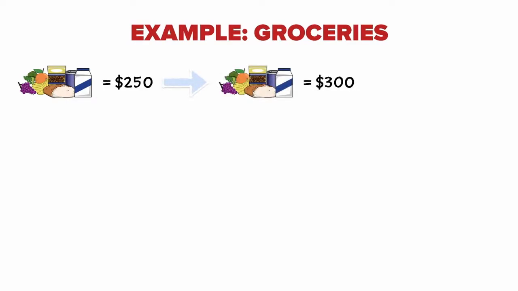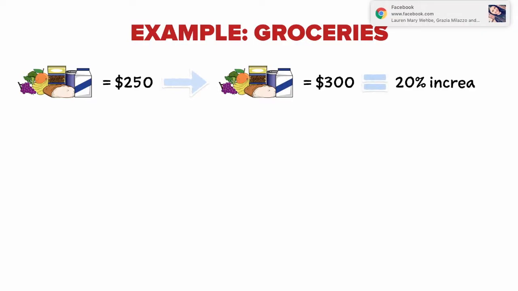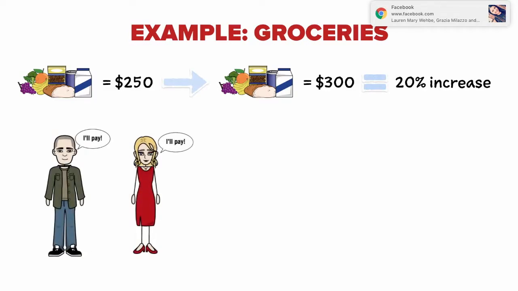To demonstrate this, let's think about the market for food and your weekly grocery shopping. Let's say your weekly groceries cost you around $250 a week. But what if the price was bumped up to $300 across the entire market, which represents an increase of $50 or a 20% increase? The likelihood is that almost all of us who would have paid $250 will probably stump up the extra $50.